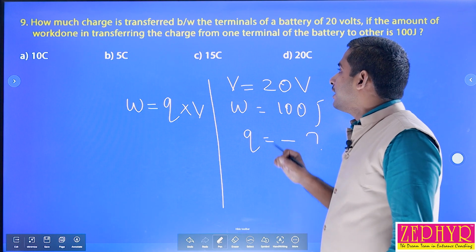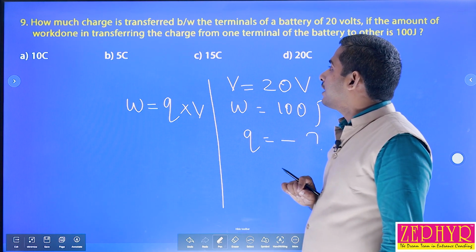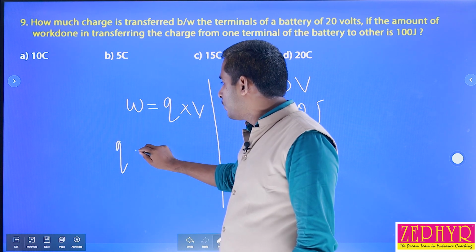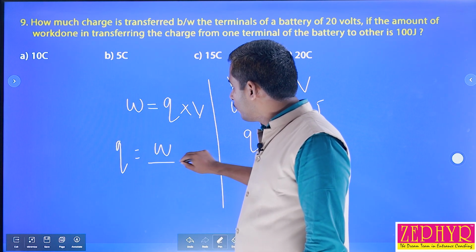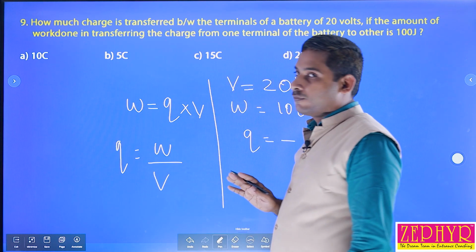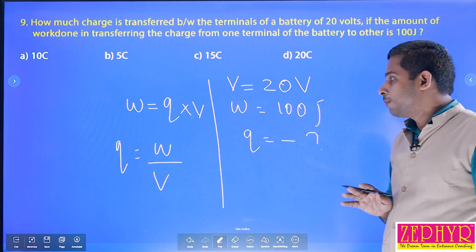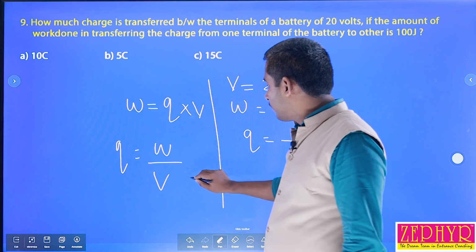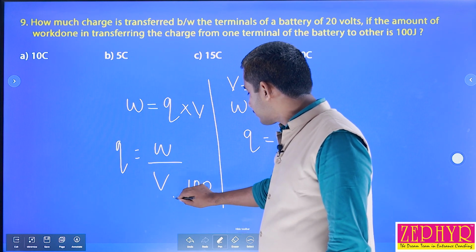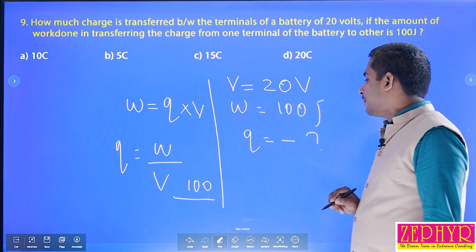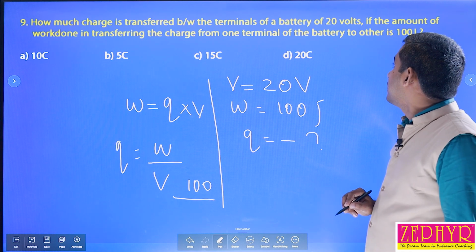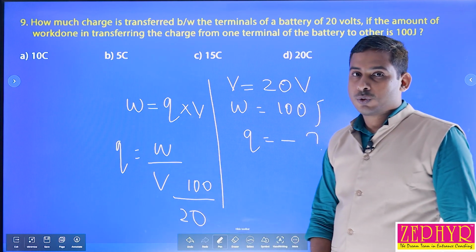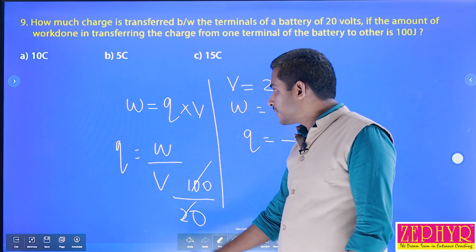Dear student, in the question they are asking charge actually. So we can say Q equal to W by V. What is Q? W divided by V. So W is 100 divided by voltage they said 20. So in 100 how many 20s we have?